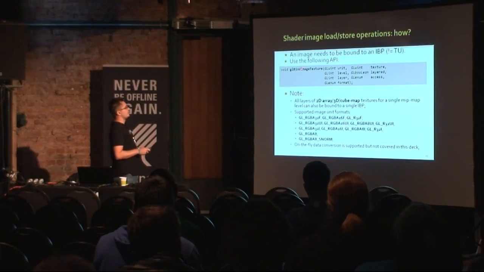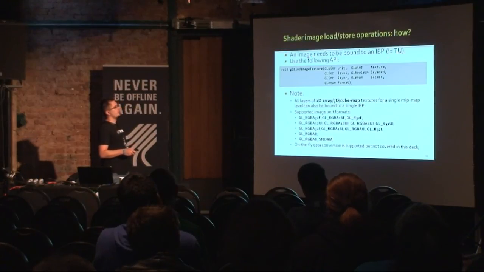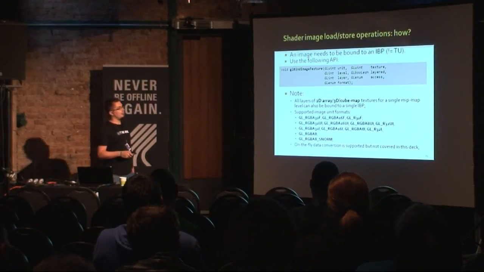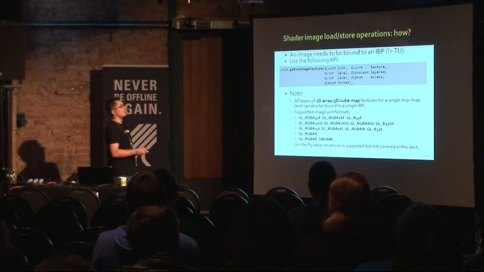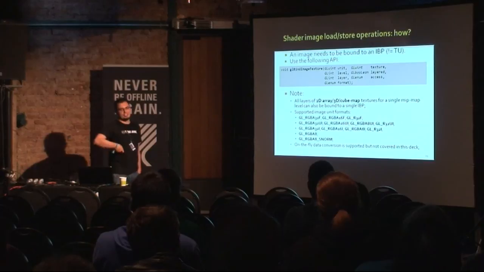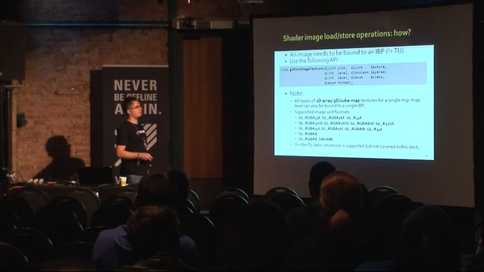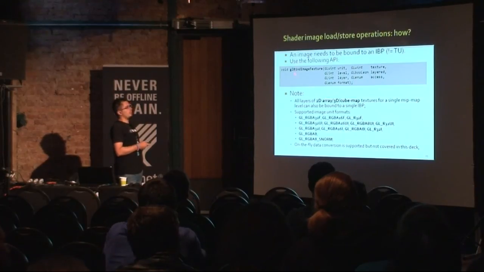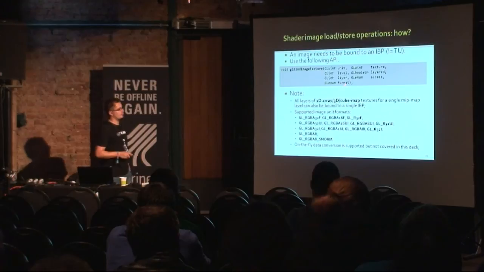Before you can actually use an image in your shader, you need to bind it to a so-called image binding point. This is something totally different than texture units. The amount of image binding points can and probably will be different from the amount of texture units that you can use in your application. So if you want to bind your image, you use the glBindImageTexture API.